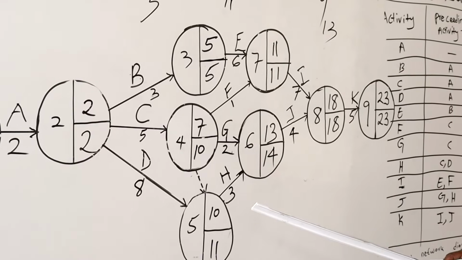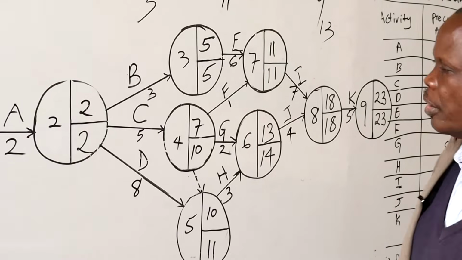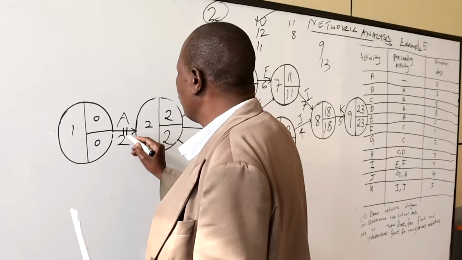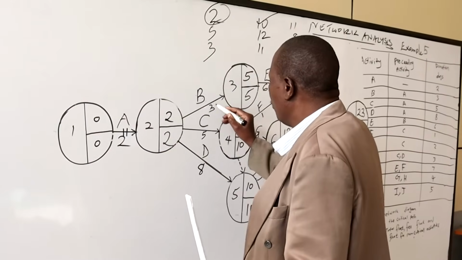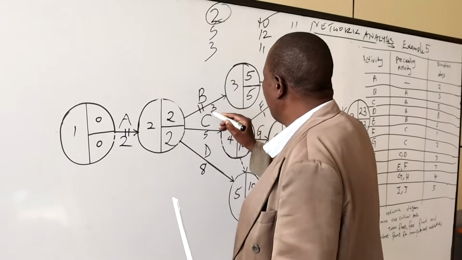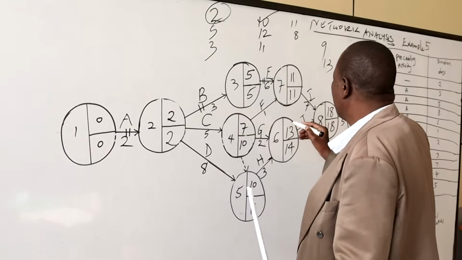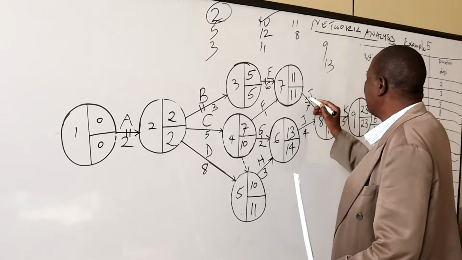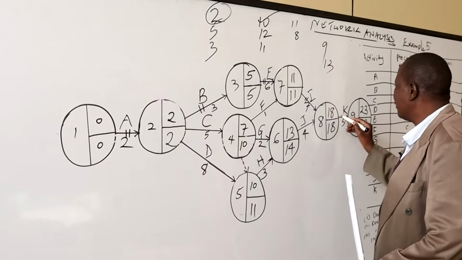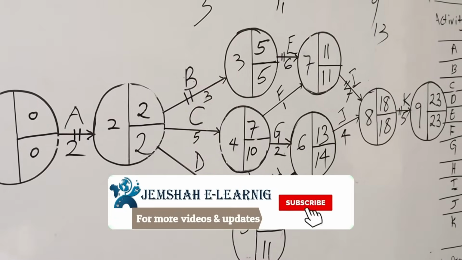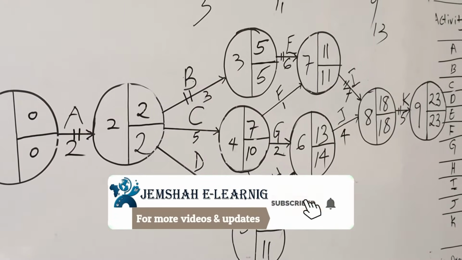So let me highlight the critical path. The critical path is now where earliest time is equal to the latest time: 2, 2, then 5, 5, then 11, 11, then 18, 18, then 23, 23. That is the highlighted critical path.